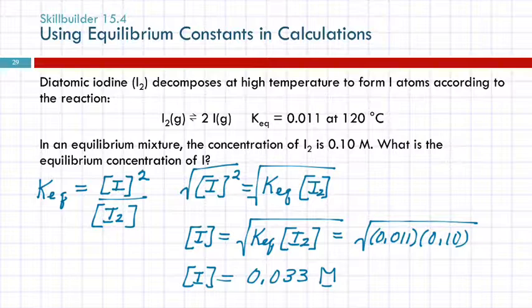So which is there more of? The reactant at 0.1 molar or the product at 0.03? There's more of the reactant at equilibrium. This relatively small equilibrium constant tells me there's going to be more reactant than product. Any questions?